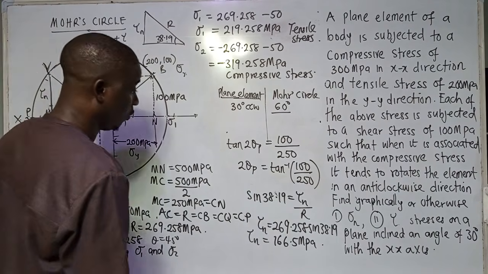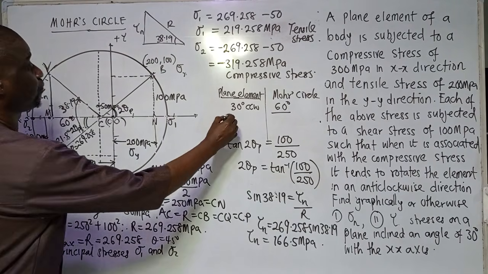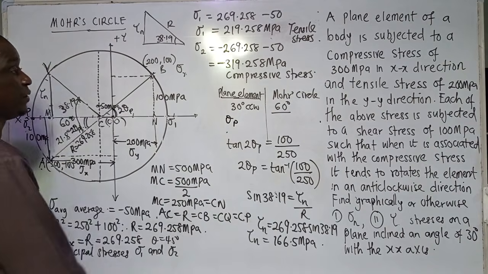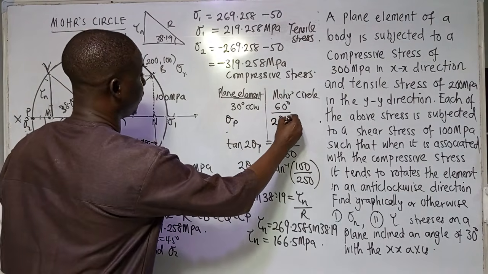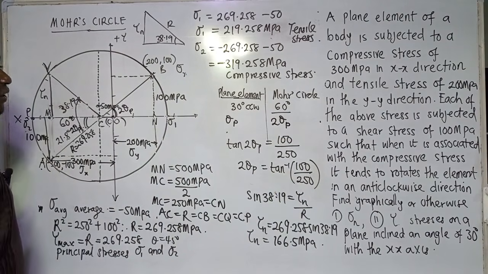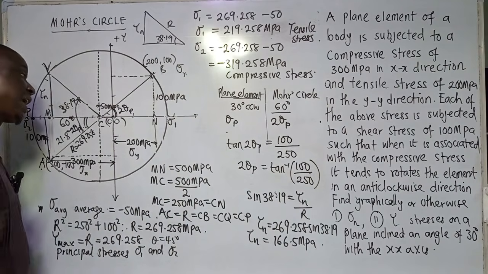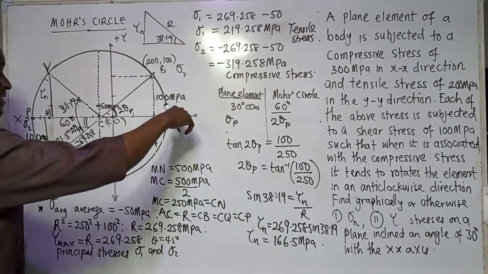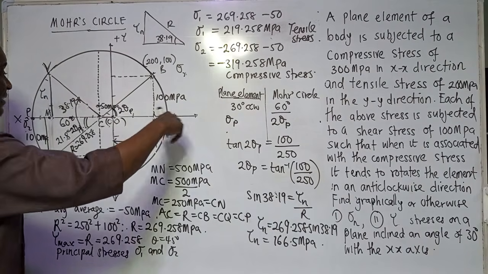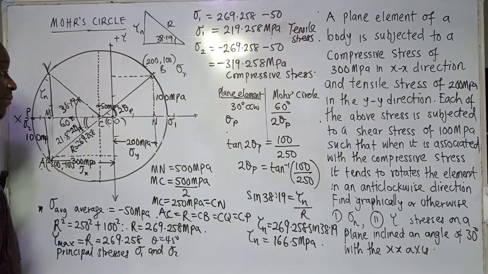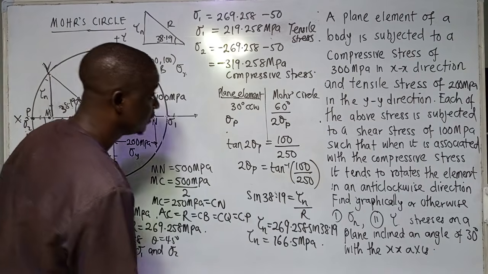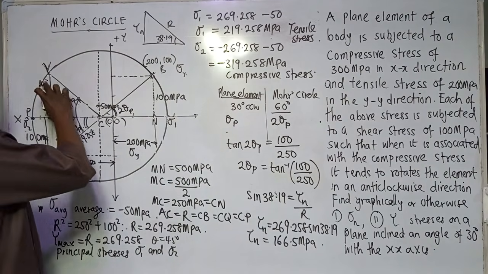You understand me? So what is the principle here? If this one is theta p, this one will be 2 theta p on the Mohr circle. This is the angle of the principal axis to the x axis, that means the horizontal axis. Now you have solved this.